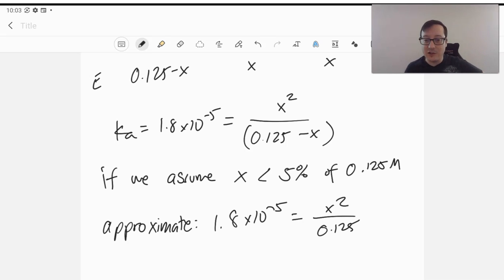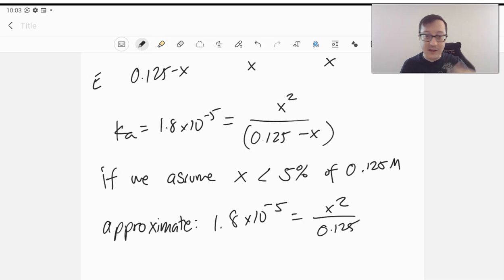And that makes the calculation a lot easier, right? If we can just do it this way, we can say x squared over 0.125. Ignore that minus x. If we assume it's less than 5% of our original molarity. And so that's the kind of rule of thumb. You're allowed to use this kind of simplification.